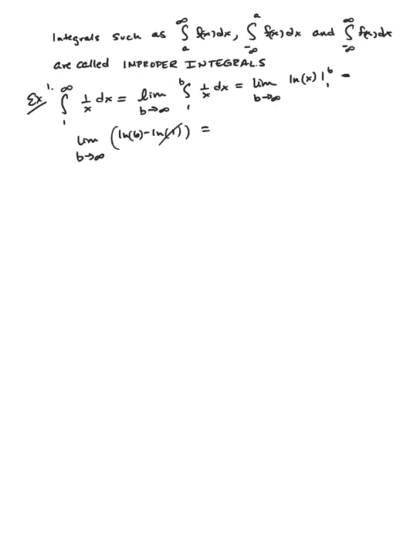So you need to think about what is the limit as b goes to infinity of ln b, right? Where does ln go? Think about the graph of ln. As you go to infinity, it approaches infinity. It takes a long time, but it does approach infinity.